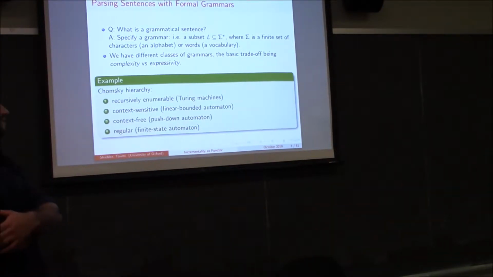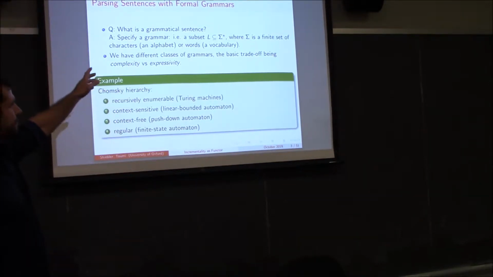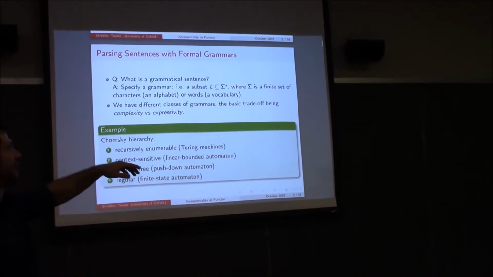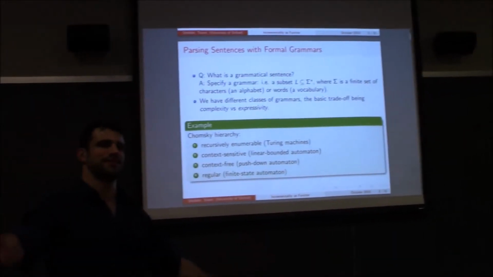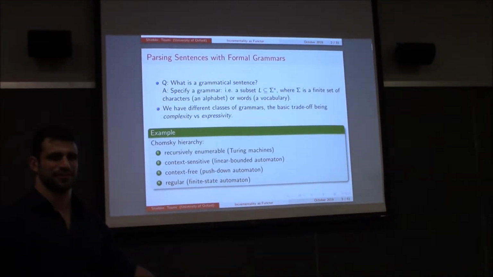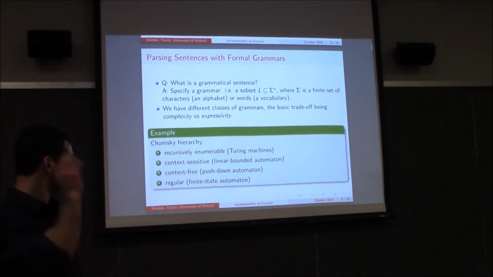So basically we have this notion of some alphabet or vocabulary, and some subset of that is accepted. So these are like the grammatical sentences in some family of possible sentences that you could form with words.